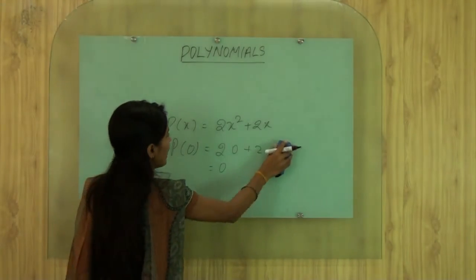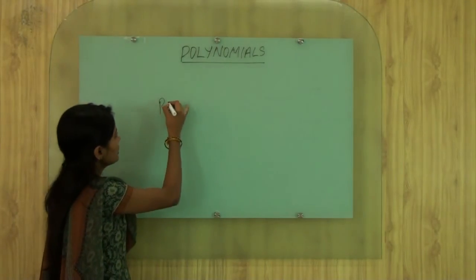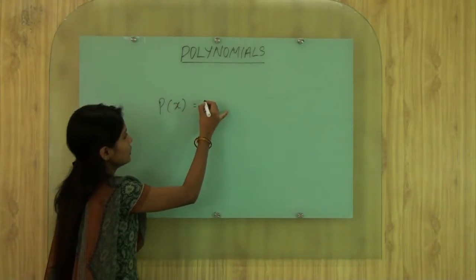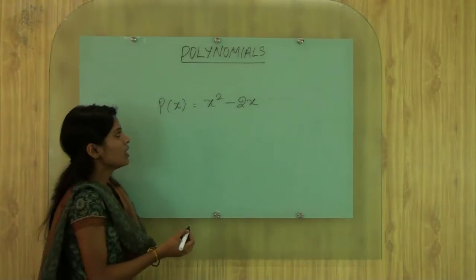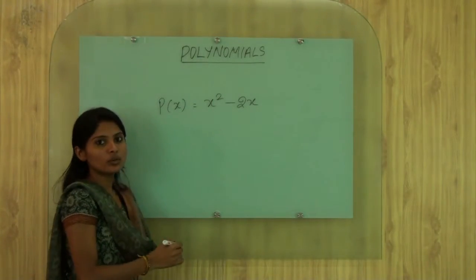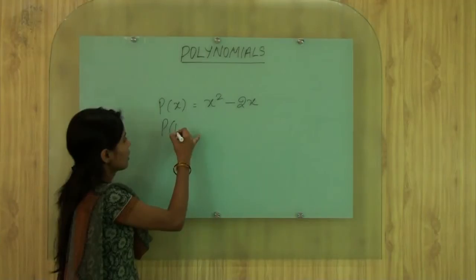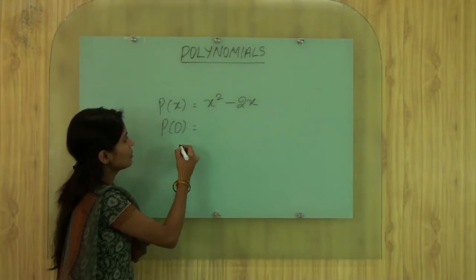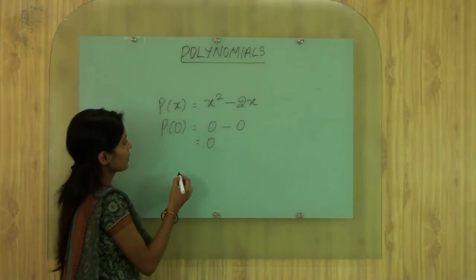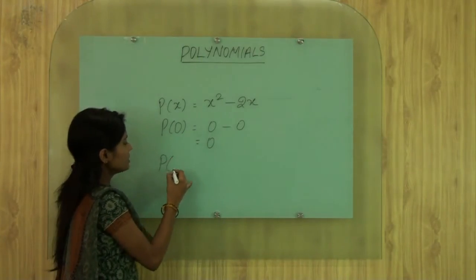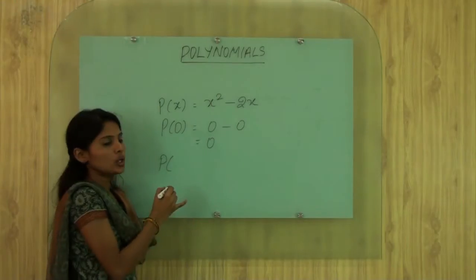Let's substitute other values. Consider a polynomial P of x is equal to x square minus 2x. Let's substitute 0 as the value of x. P of 0 is equal to 0 minus 0, which is equal to 0. Let's substitute x is equal to 2 here.